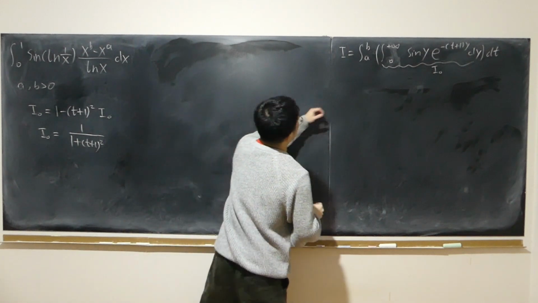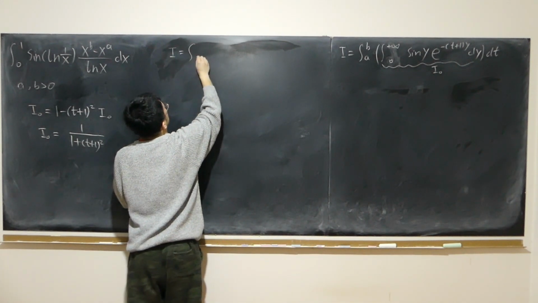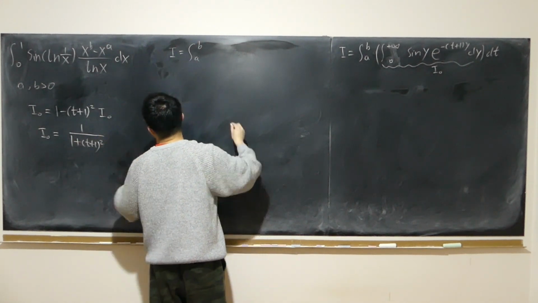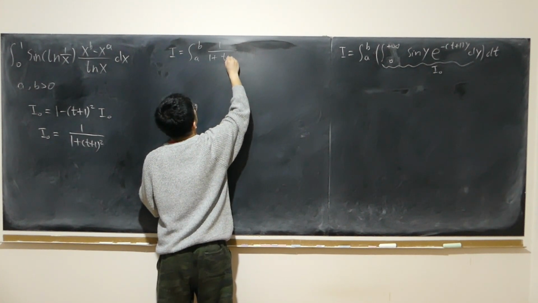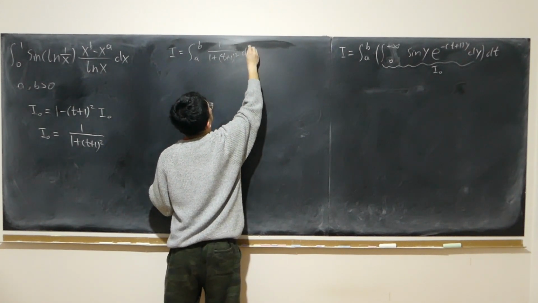So I'm calculating the integral from a to b. I naught is this: 1 over 1 plus t plus 1 quantity squared dt. Right, this time dt.